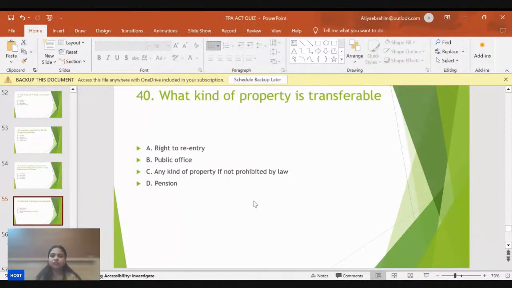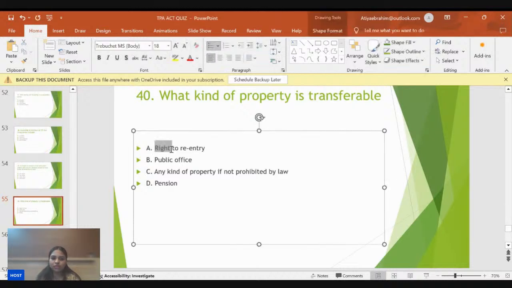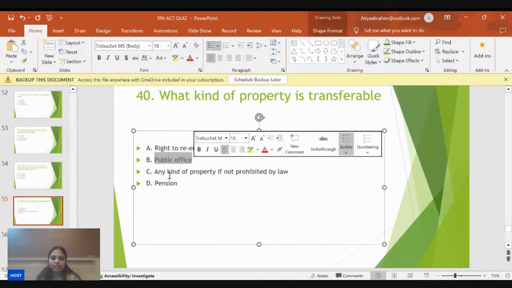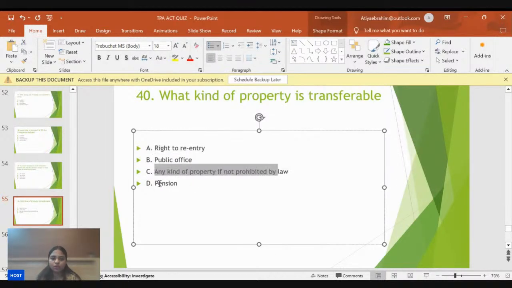Okay. 40. What kind of property here is transferable? Right to re-entry, public office, any kind of property if not prohibited by law, or pension. Which of this property can you transfer? What will be the correct option to this question? 40C.